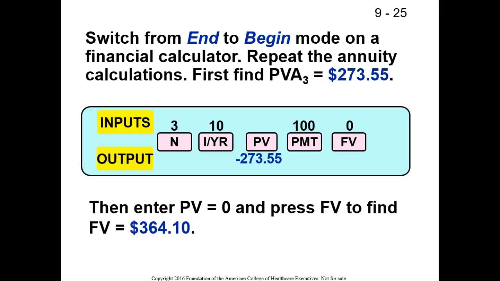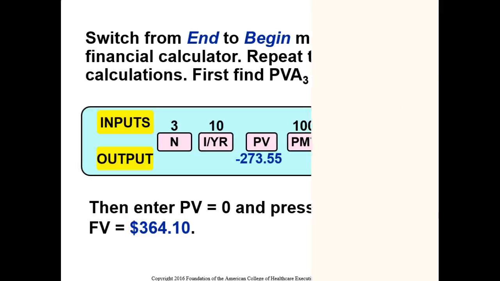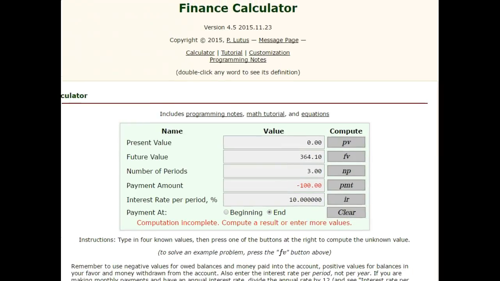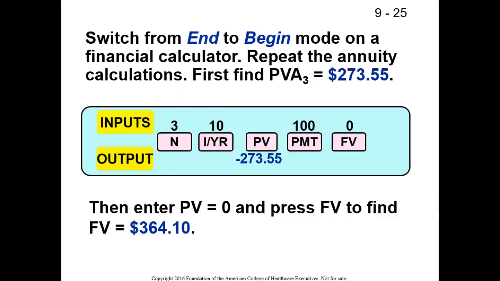Check. Yes, we are looking spot on. Great. Just remember though, when we're doing the annuity due, flip that to the beginning of the period. And don't forget to flip it back, because I sometimes do that while doing calculations and realize I didn't put it back. Usually end is the default.